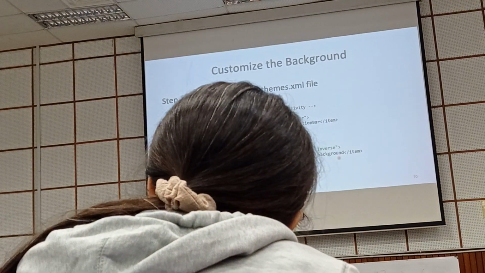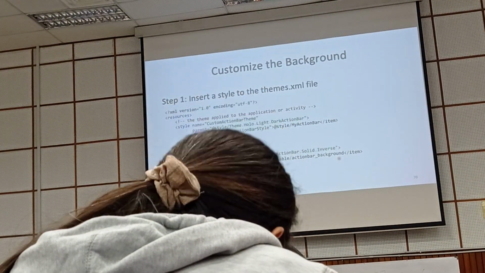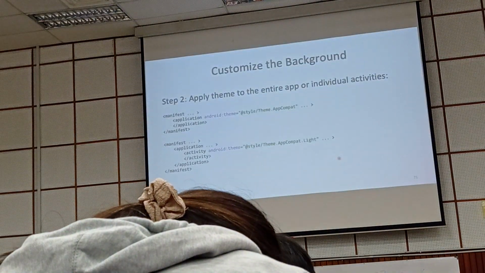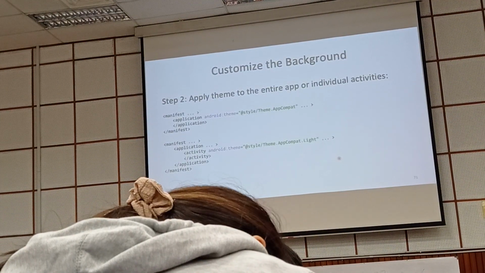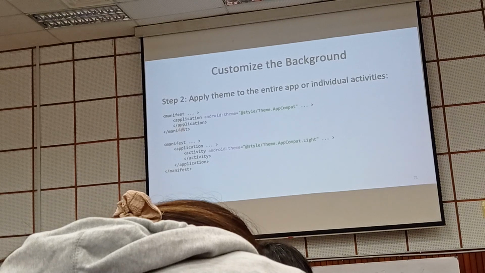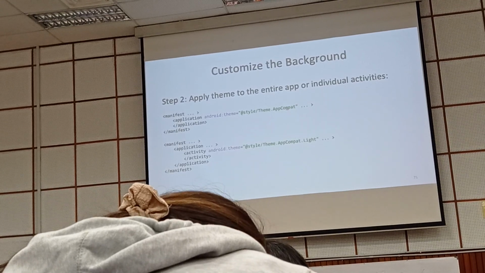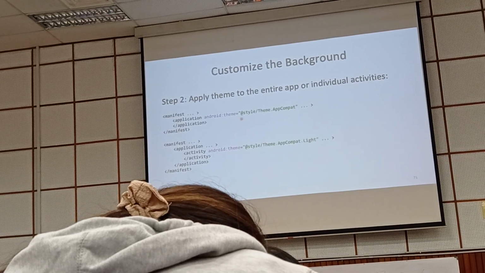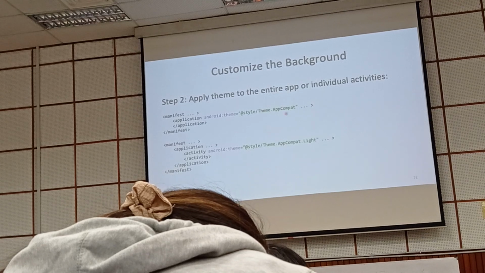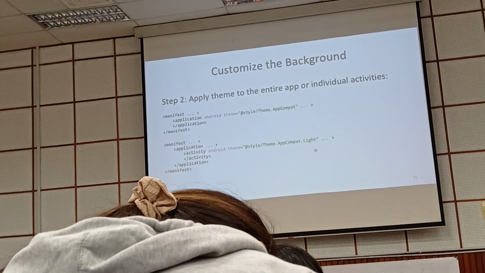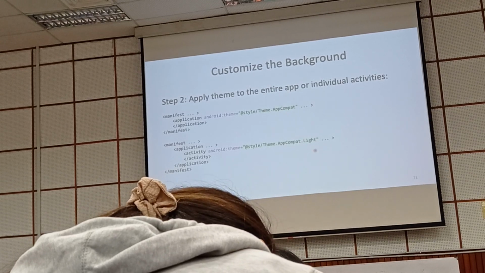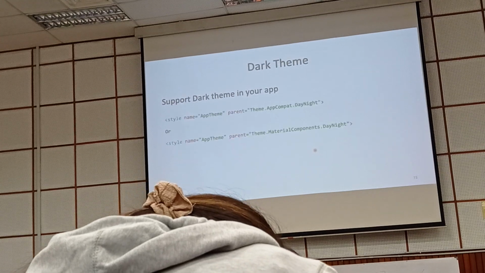Okay, so that is for theme. And then to apply the theme, all you need to do is in the manifest file, you specify the name here. So I have two examples here. The first one is AppCompat, and this one is for light. Okay. That is for theme.